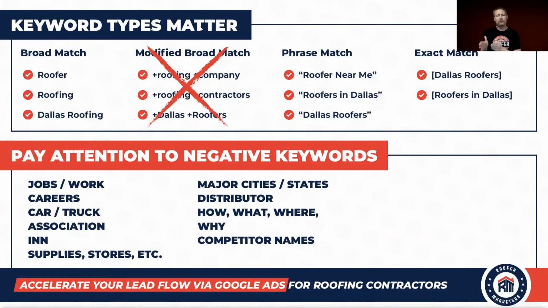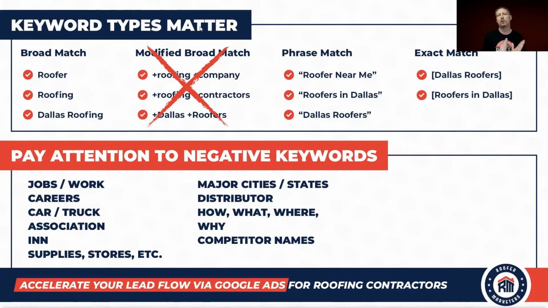Now, when we go to phrase match, we're telling Google only show our ad when people type in the words in this order, but we'll allow you to let things be added to the front or back of this phrase. So for example, roofers in Dallas.